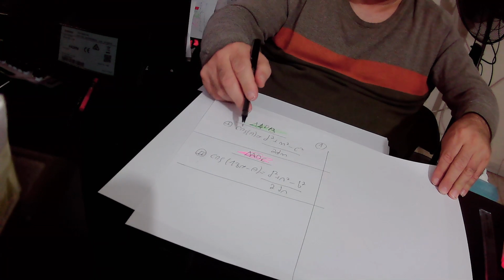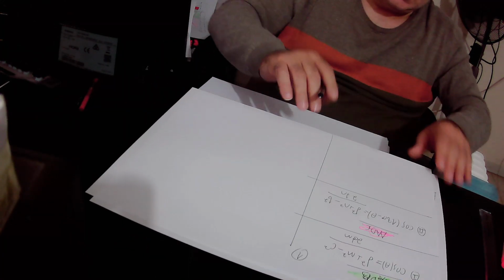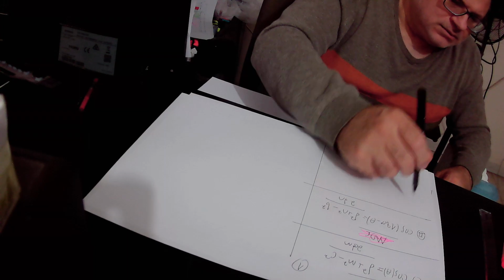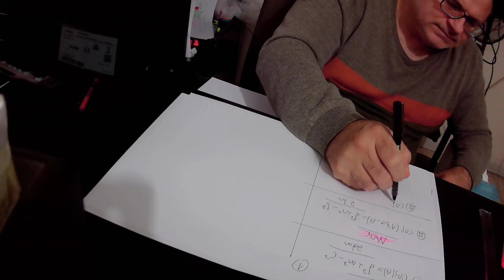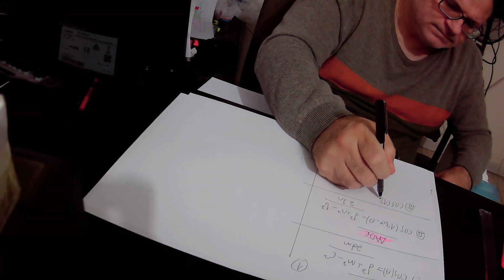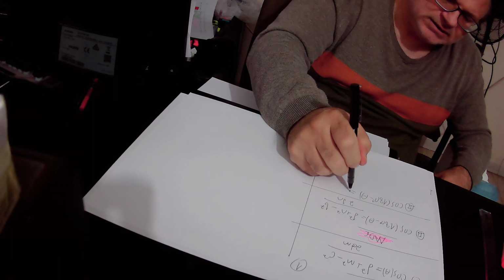We have the trigonometric identity that cosine 180 degrees minus theta equals minus cosine theta.